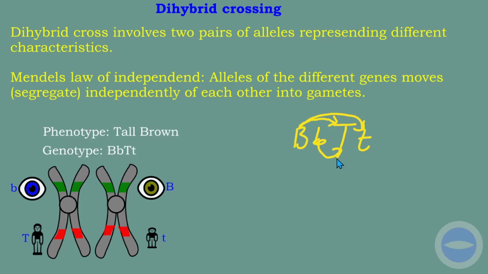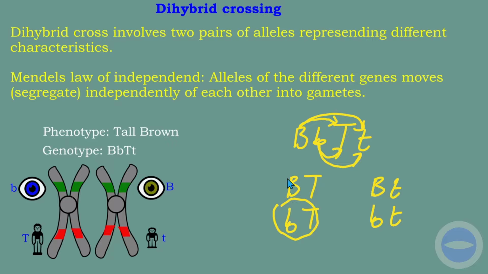So the gametes we will have are B tall, and then B and short, while we have b for blue and tall, and b for short. So this is the number of gametes that we will have. We will have 4 gametes.